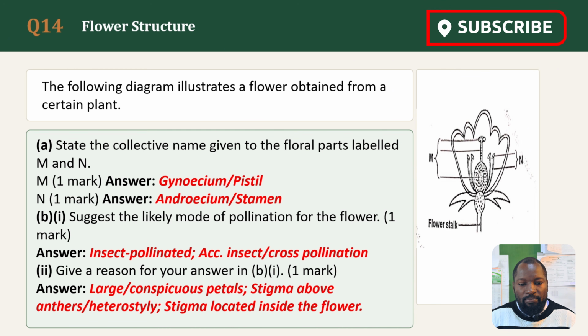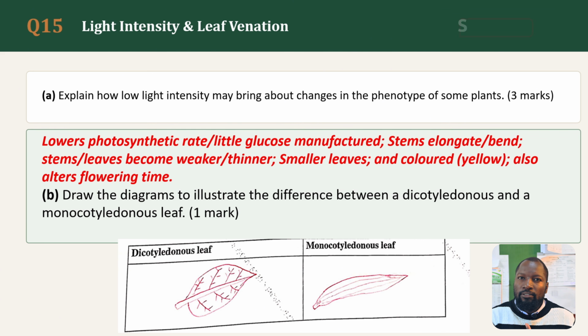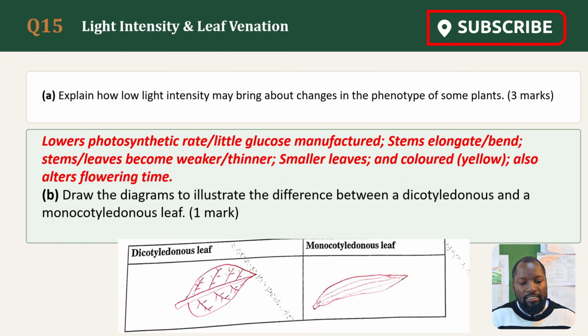Question number 15. Explain how low light intensity may bring about changes in the phenotype of some plants. So, light intensity is directly proportional to the amount of photosynthesis, and therefore if you lower the light intensity, then you lower the rate of photosynthesis, and you lower the amount of glucose being manufactured.